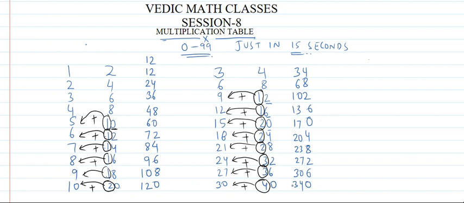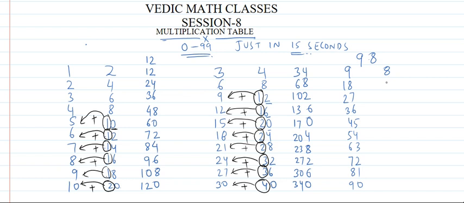So let's go to a more difficult number. Let's say we have to write down the multiplication table of, for example, 98. I'll separately write down the multiplication tables of 9 and 8. So 9 ones are 9, 9 twos are 18, 9 threes are 27, 9 fours are 36, 9 fives are 45, 9 sixes are 54, 9 sevens are 63, 9 eights are 72, 9 nines are 81, 9 tens are 90.